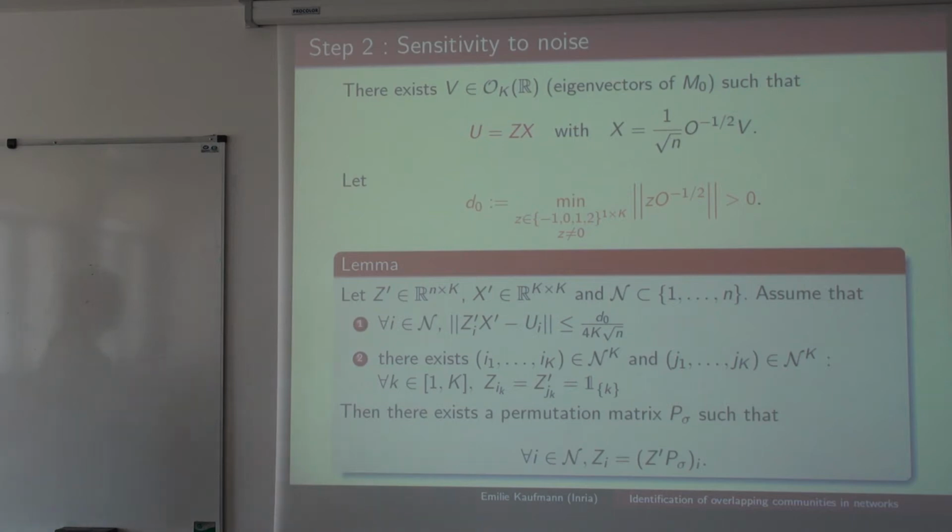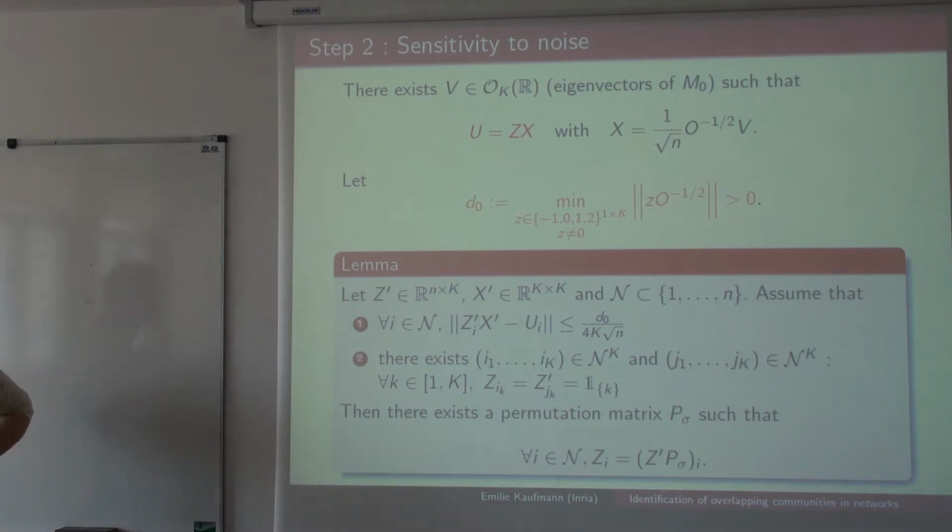It tells us that if we have Z prime and X prime such that the decomposition Z prime X prime is very close to U, in the sense that for all nodes in some set N we have this, so it is not equal, like in the previous proposition, but not far from being equal, so you allow some noise.